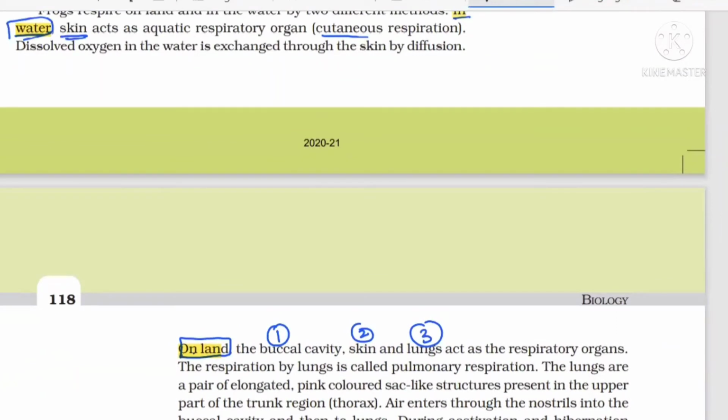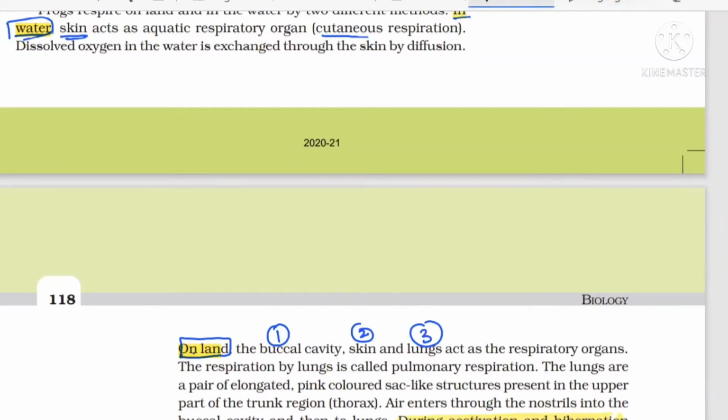Please remember here, in water, only skin. On land, three things. Is it clear? And during sleep, it is only again skin. Whether estivation or hibernation, it is only through the skin.